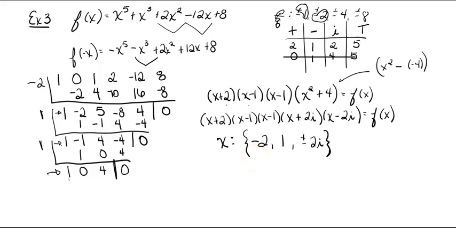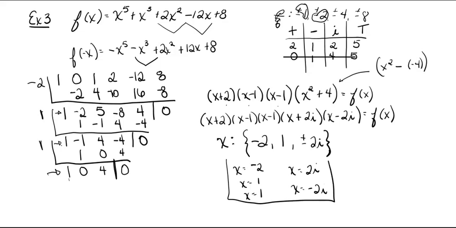However, if I really wanted to list it out: x equals negative 2, x equals 1, x equals 1, x equals 2i, and x equals negative 2i. If I wanted to write out my 5 zeros like that, I could, to show that I know that there are actually 5 zeros.